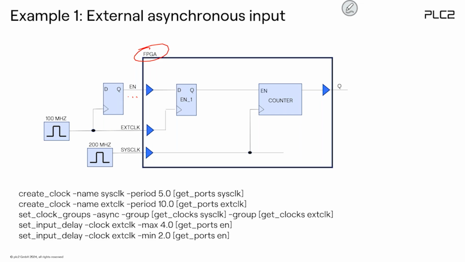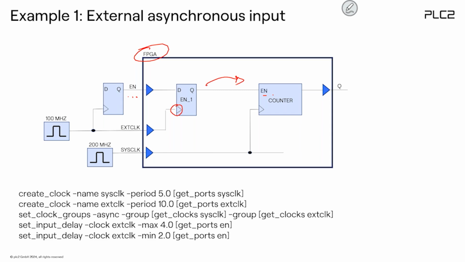Now I do something like this. It's obvious it will not work, because this signal is captured correctly here, but it's captured with the X clock, while this counter enable must count with 200 megahertz. So definitely there must be an error.